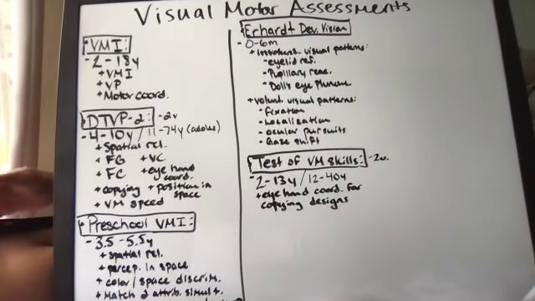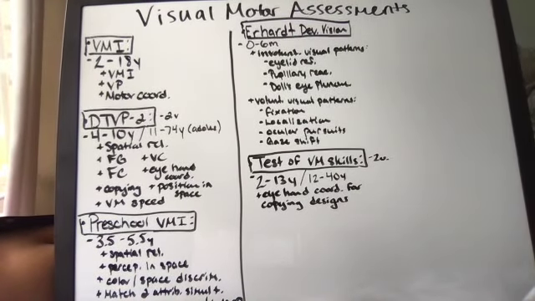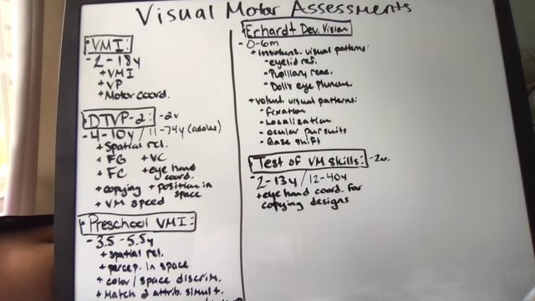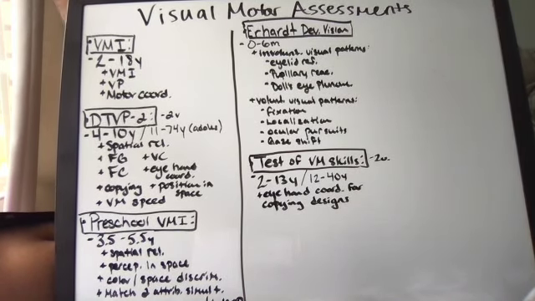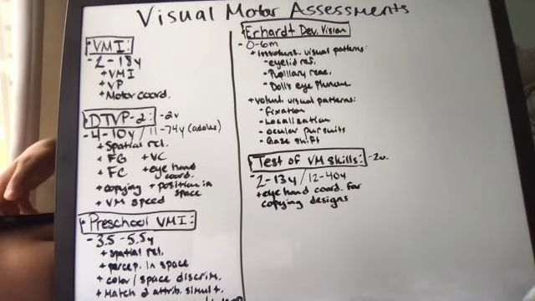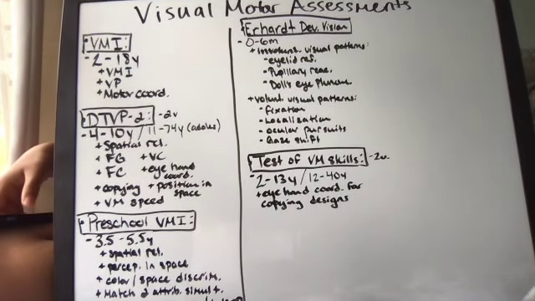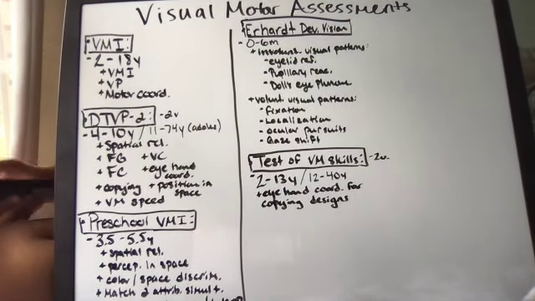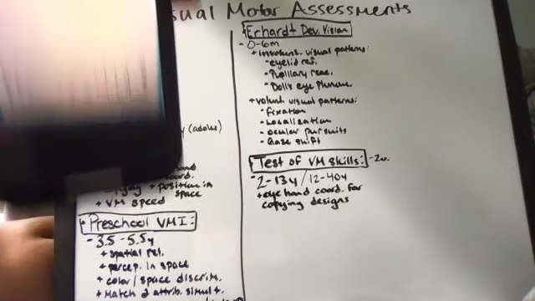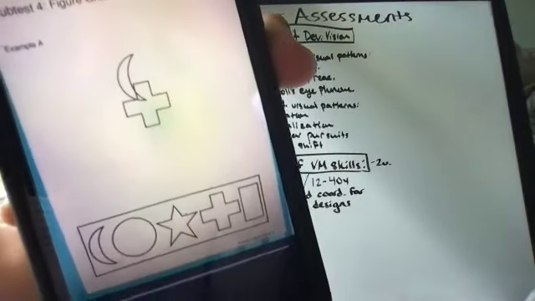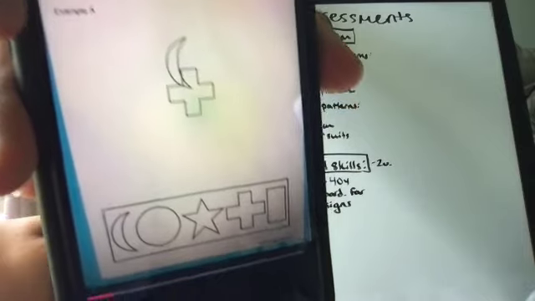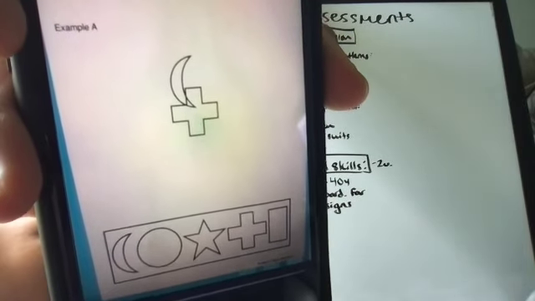And then for figure ground, this one measures the ability to see a certain figure even when it's hidden within a confusing or complex background. An example of that is this. So they have to find the shapes at the top and the bottom.